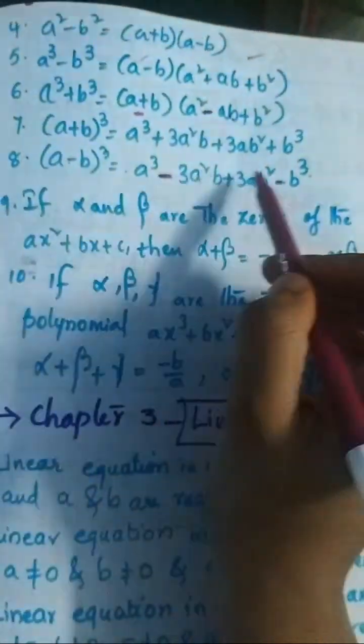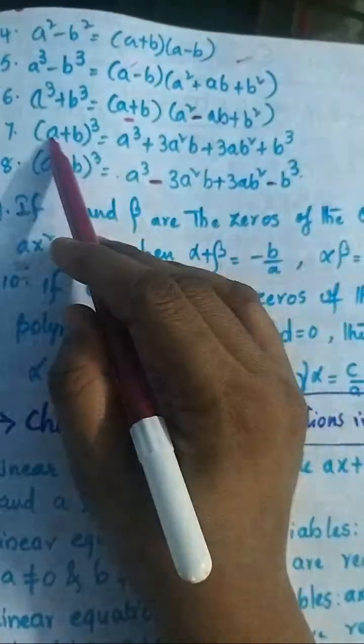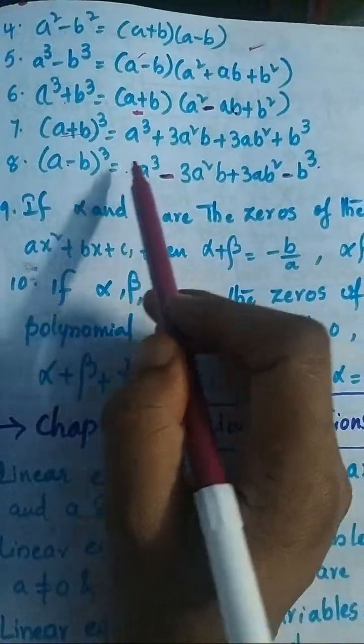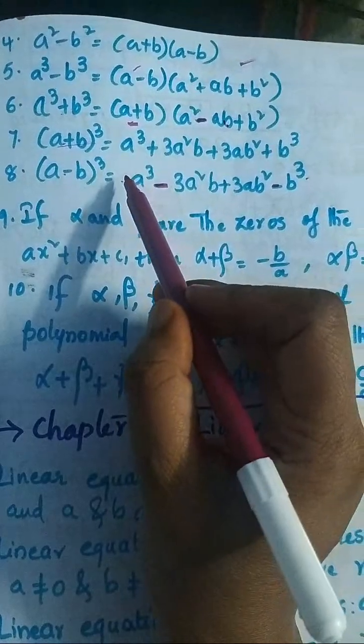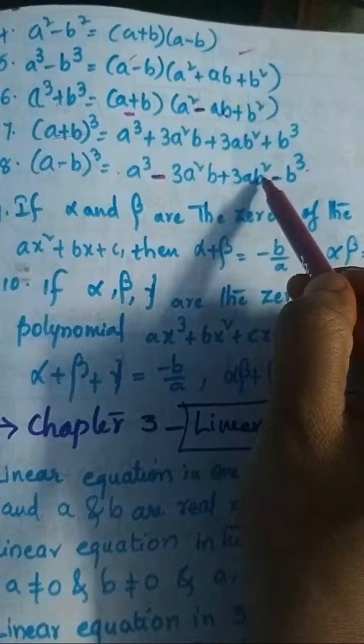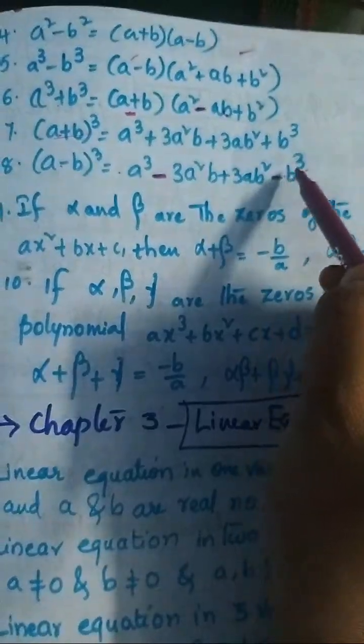We can recognize this easily. Here all are positive for the plus formula. Here we have to remember how it alternates: a cube minus 3a square b plus 3ab square minus b cube.